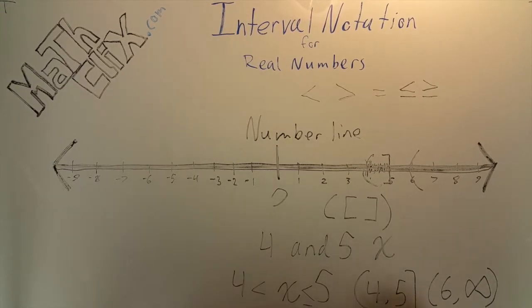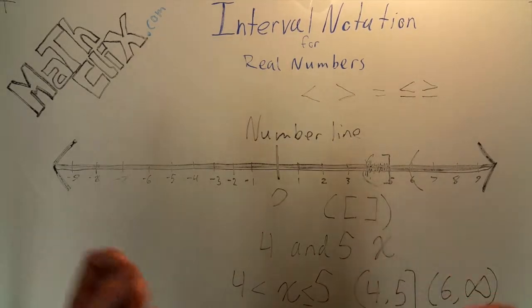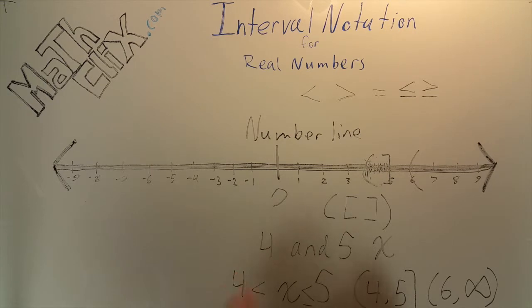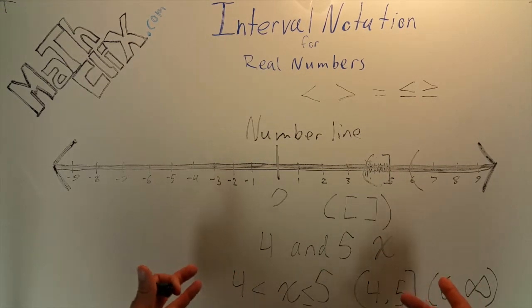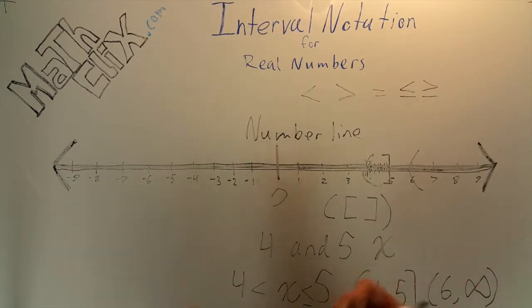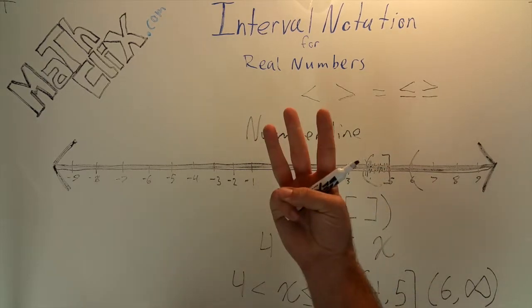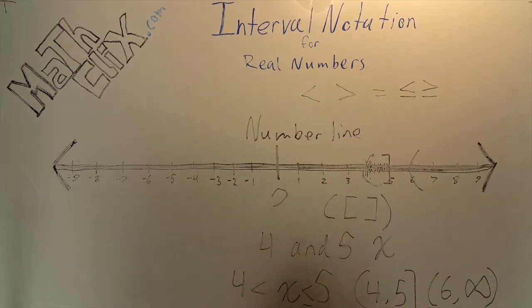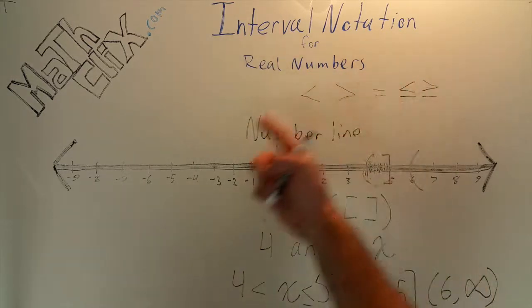Brack, brack. Parentheses barely touches your tongue, and it barely touches the 4. In fact, it doesn't touch the 4 at all. It's just everything greater than the 4. Like 4.000000003. Or something like that. So there you have it. Interval notation for real numbers.